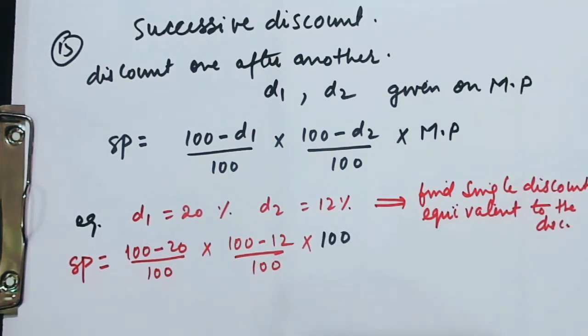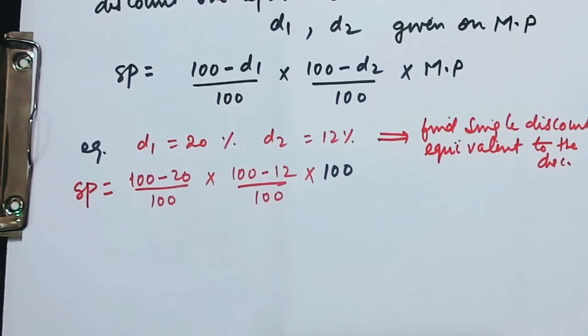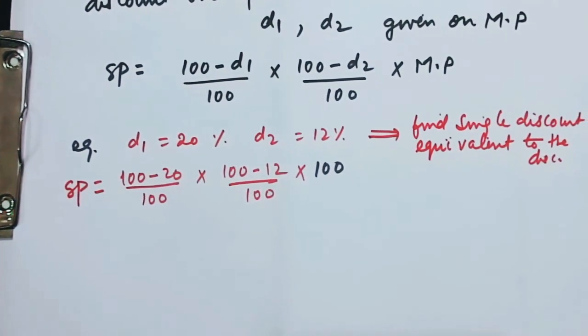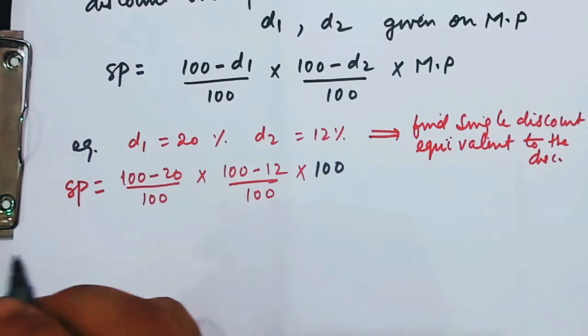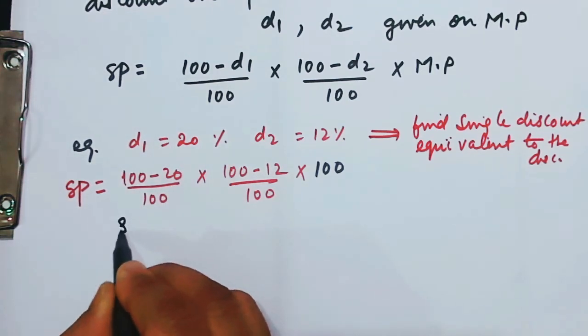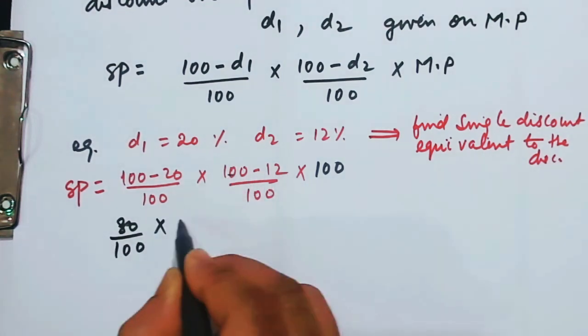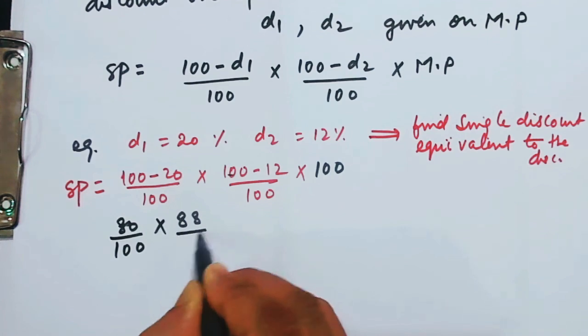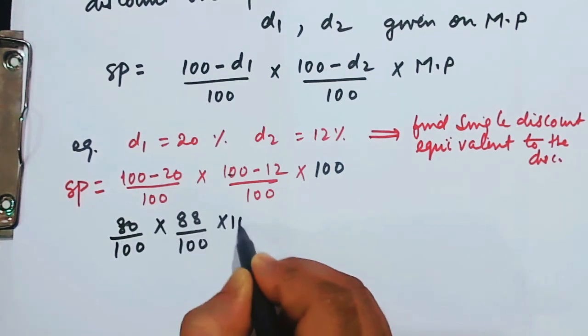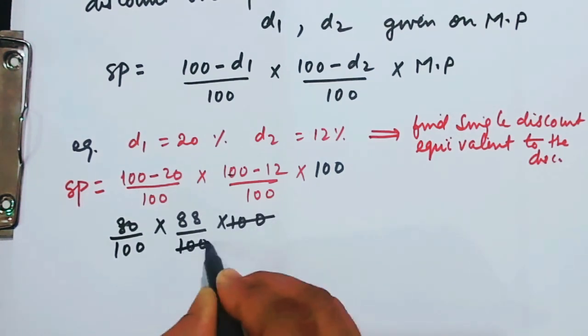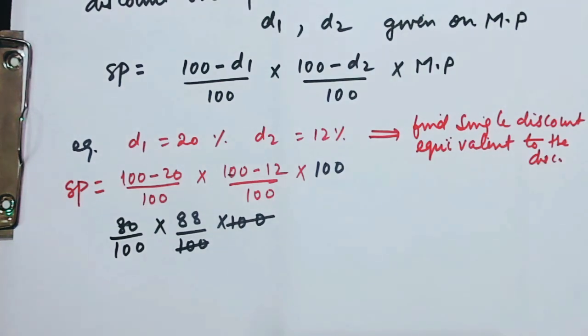Now let us solve. 100 minus 20 is 80 by 100, into 100 minus 12, 88 by 100, into 100. This is very interesting, the only sum that has so many similar parts. So you can see over here how it gets cancelled.